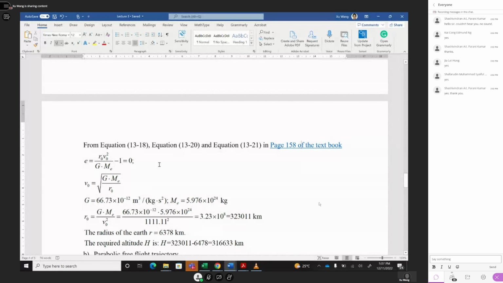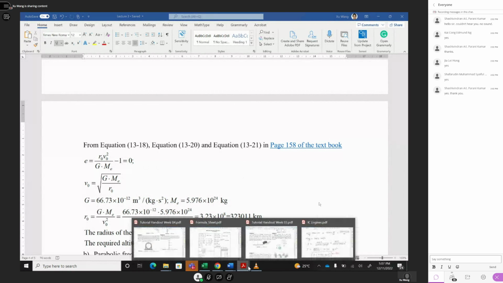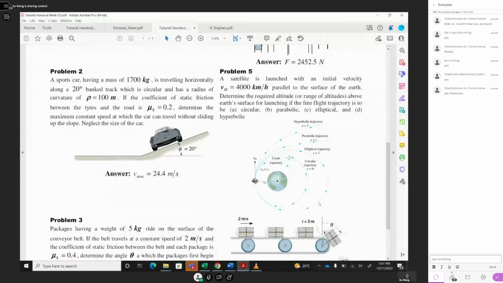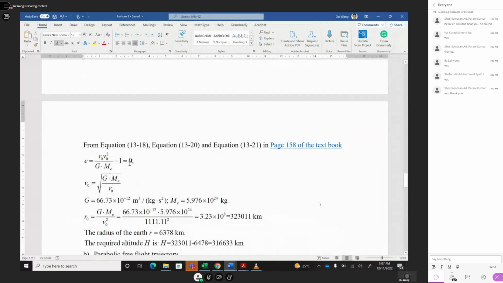For the circular trajectory, we know e equals 0. So we go to e equal to 0, and from here you solve for R0. You can find R0, where G is the gravity constant and ME is the mass of the Earth.